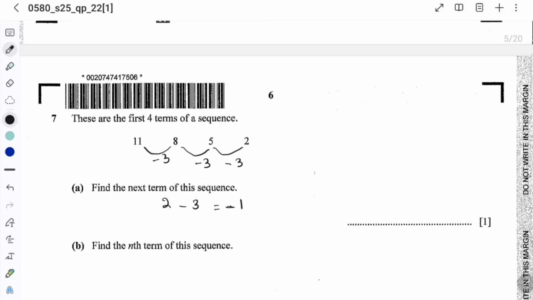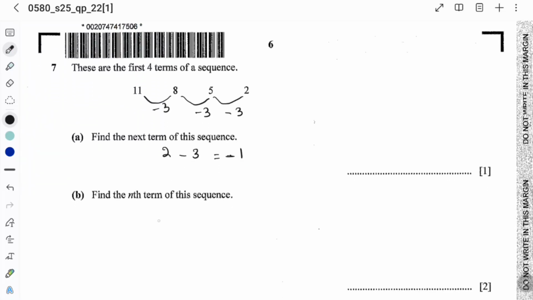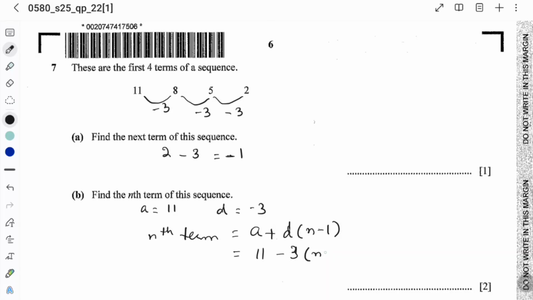So for the nth term, a plus d(n minus 1). So a is 11 here and d is minus 3. So the nth term is equal to a plus (n minus 1)d, or a plus d(n minus 1) means the same thing. I'm writing it down before, it's easier to multiply. So that is 11 minus 3(n minus 1).